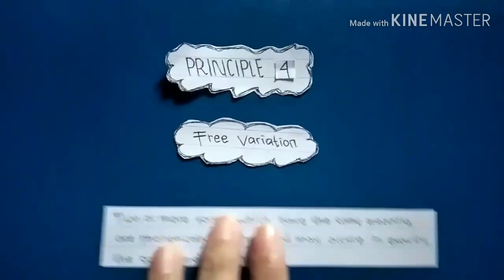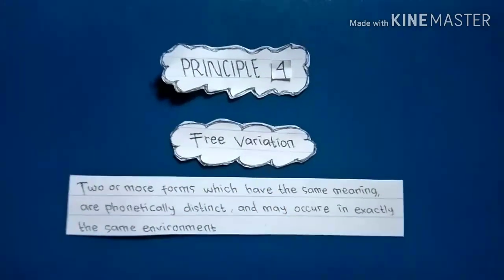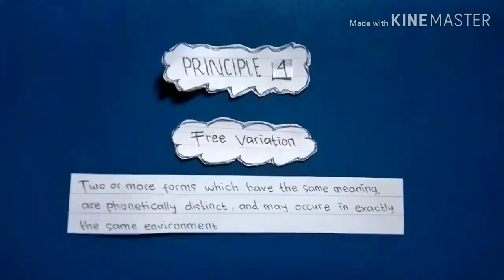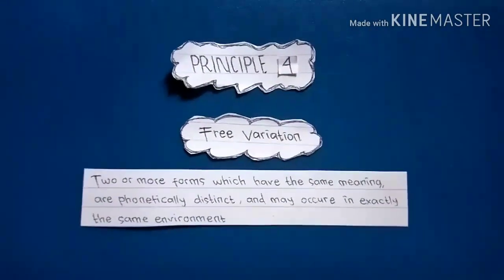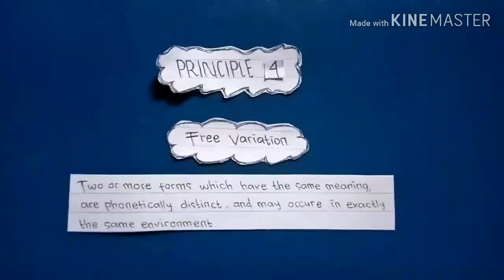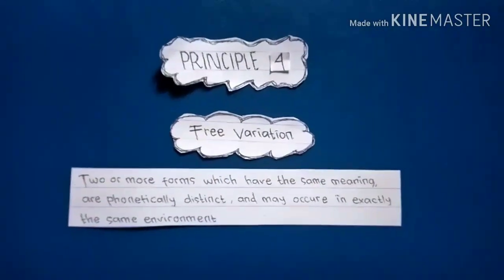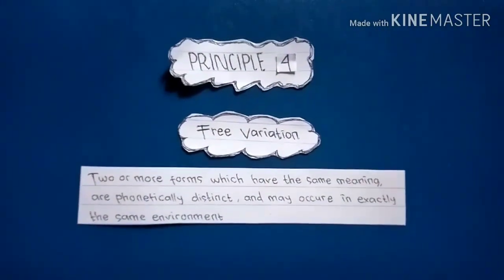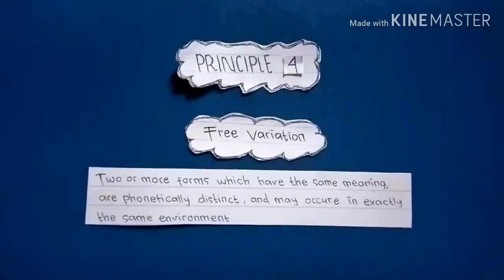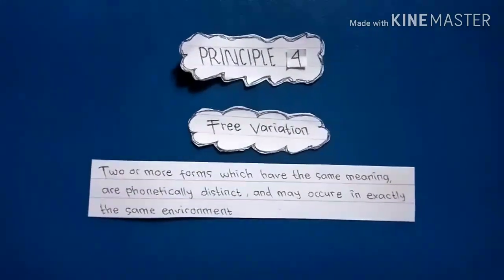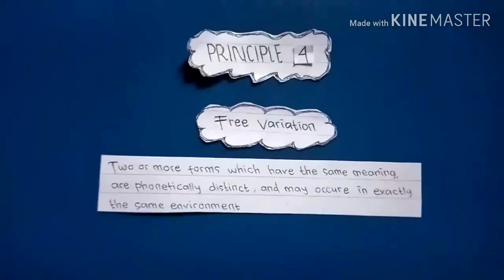So, free variation is 2 or more forms which have the same meaning, are phonetically distinct, and may occur in exactly the same environment. It means that the morphemes have similar meaning and they can occur in exactly the same environment, and the difference is only in how to pronounce it.